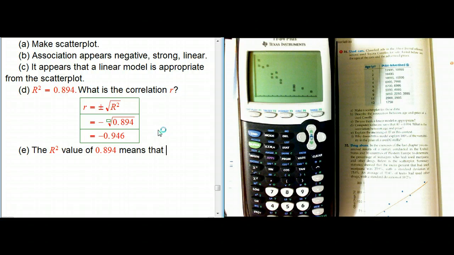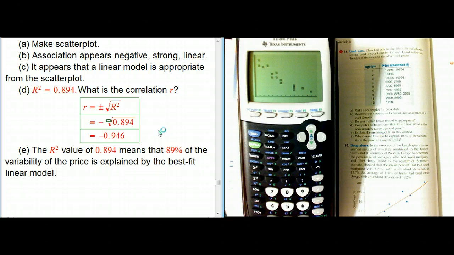It means that about 89% of the variance or variability of the price is explained by the best fit linear model, which we're going to graph up in a second. So that's good. If you want a simple function, namely a linear function here, that you plug in, you can predict the prices, and it gives you 89% of the actual variation in the prices. Only 11% is not explained by the model. That's pretty good.